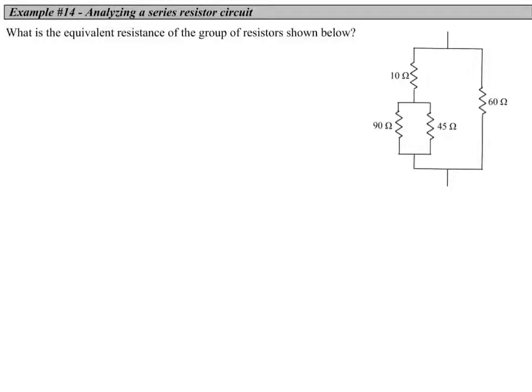Okay, so here we're given this group of resistors and we're asked what is the equivalent resistance of this group of resistors. So we're going to start by assigning labels to them, R1 through R4, and then we look for groupings where there are resistors that are parallel together and resistors that are series together. Right here we have these two, R3 and R4, are in parallel with each other.